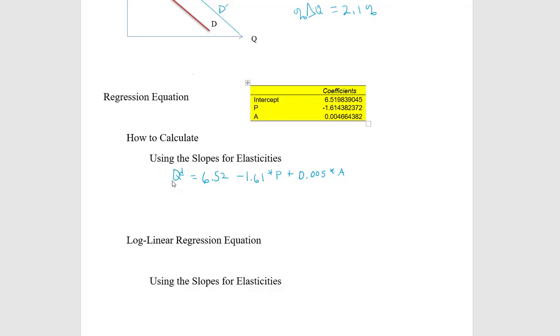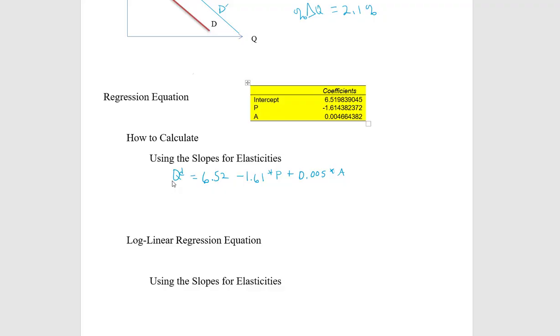This tells us for each additional one, in this case $100, but each unit 1 goes up, this is what happens to the quantity demanded. So for each additional $100 they're spending, or 1 unit A, we're going to see 0.005 million more gallons being purchased.